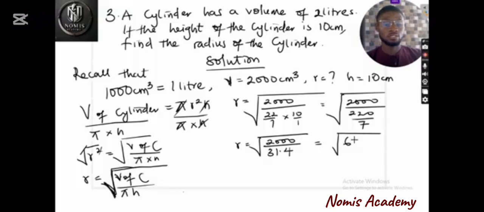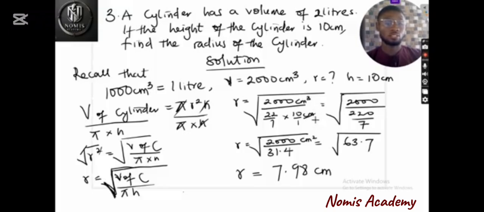So what is the square root of 63.7? r is equal to 7.98 centimeter. So what happened? We have centimeter cube here, we have centimeter here, so dividing would have reduced it to centimeter squared.